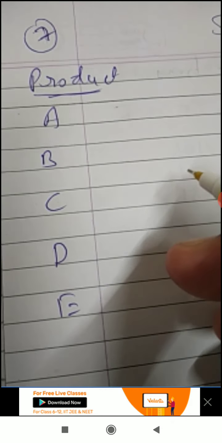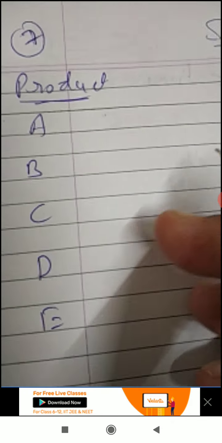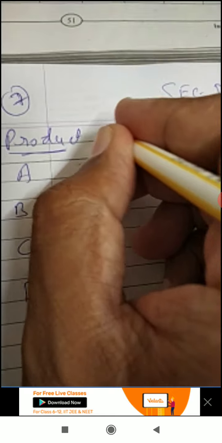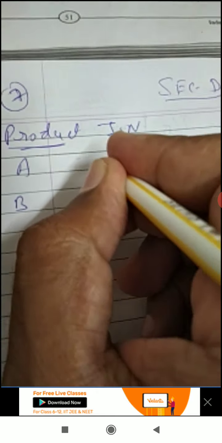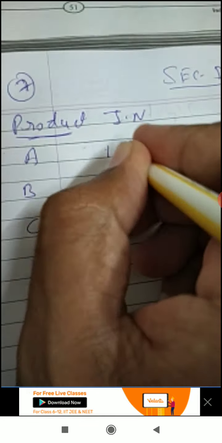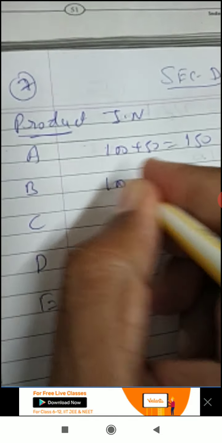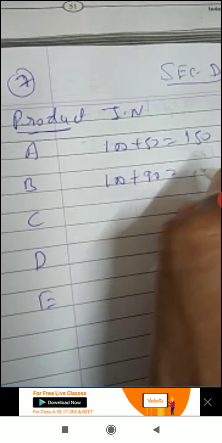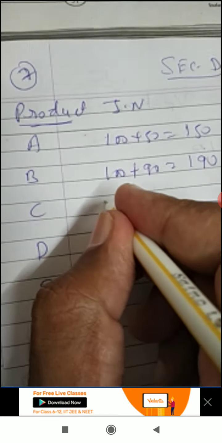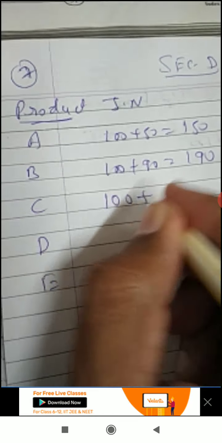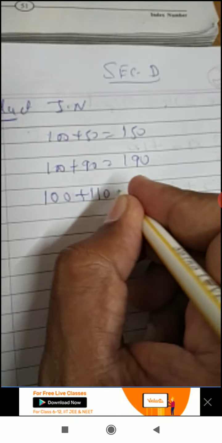Next, the increase in product is given, that is the index number. So 100 plus 50 equals 150, 100 plus 90 equals 190, and 100 plus 110 equals 210.